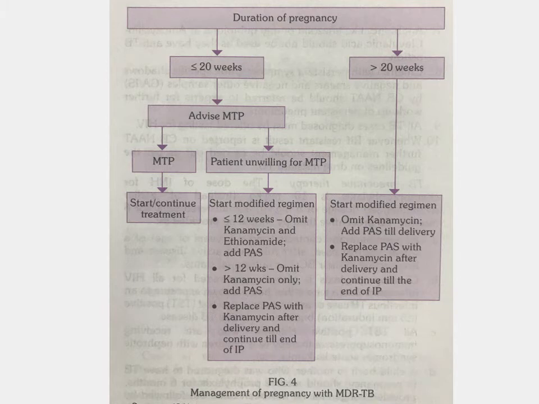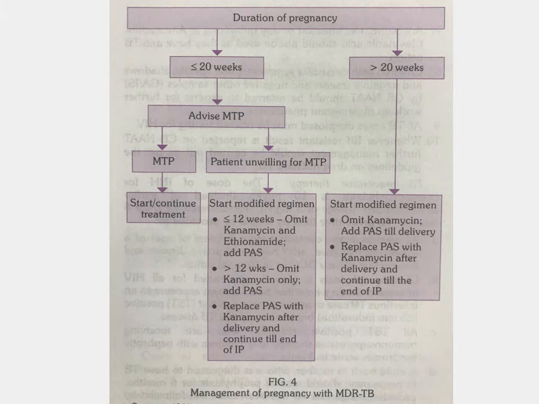And they should be advised to use birth control measures because of the potential risk to both mother and the fetus. Oral contraceptives should be avoided. Use of barrier methods, condoms, diaphragms, and intrauterine contraceptive devices are recommended based on individual preference and eligibility.